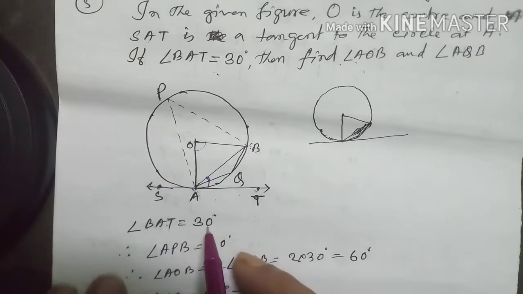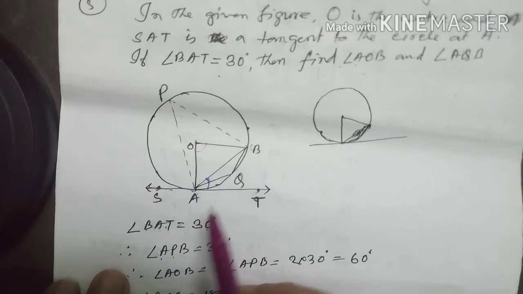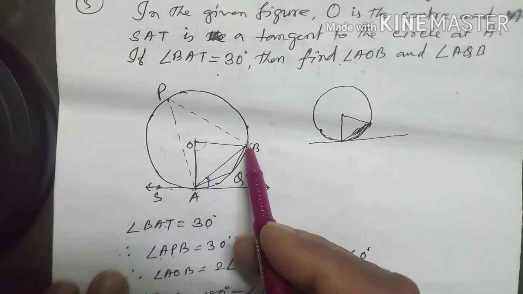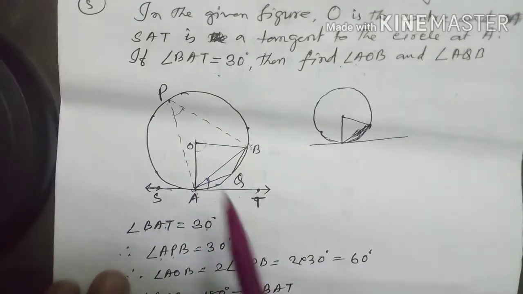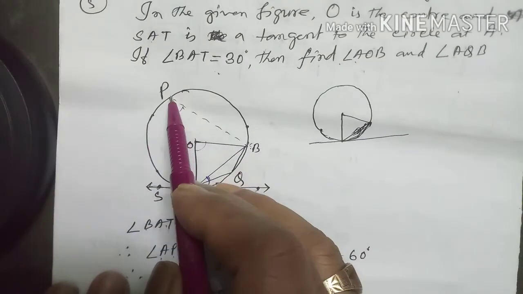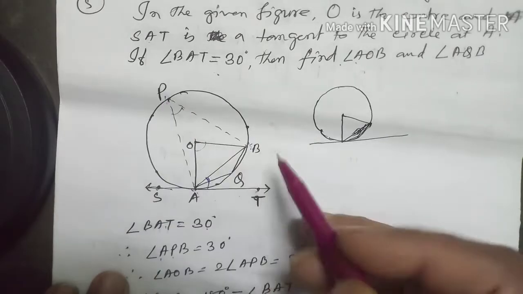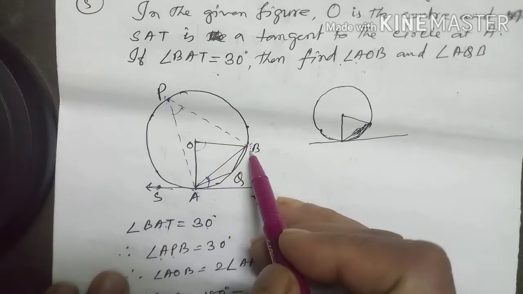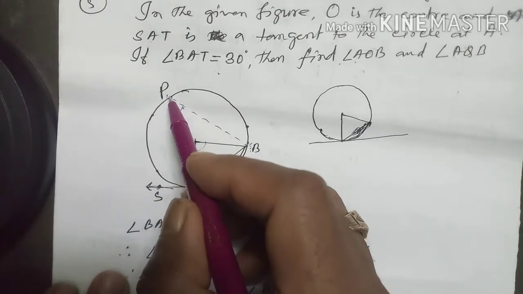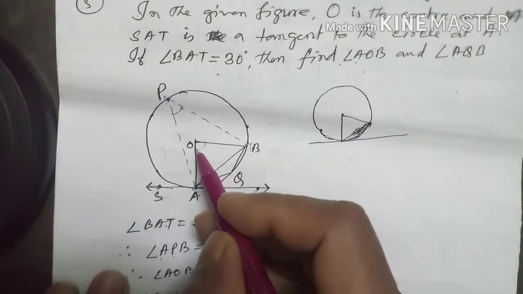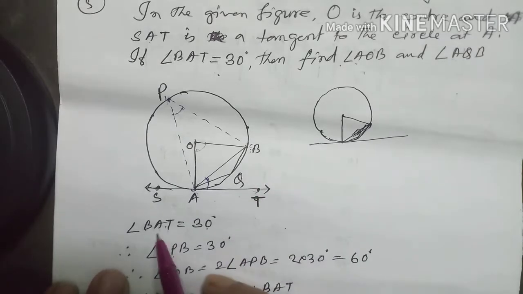Angle BAT equal to 30. Therefore, APB, we have to construct another angle. Taking any point P on the circumference, we join AP and BP. So this is the angle on the circumference and this is the angle at the center.